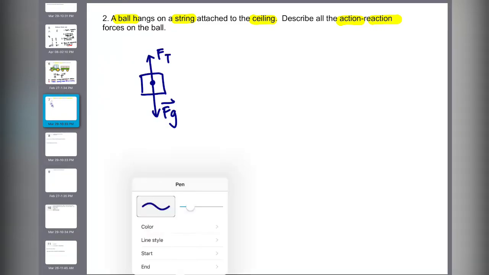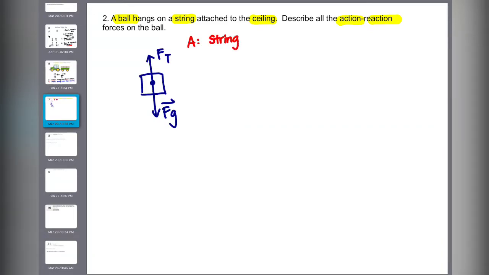Let's look at the FT at the top. The action force is this upward force acting on the ball: the string is pulling upwards. It didn't give a magnitude, so I'll just give the direction on the object, which is the ball in this case.